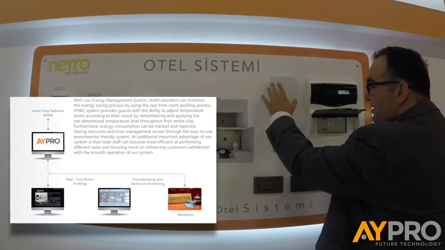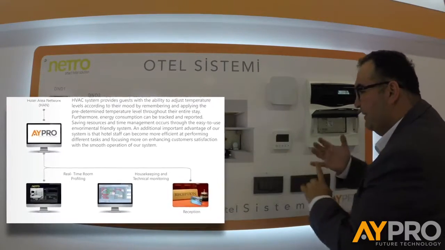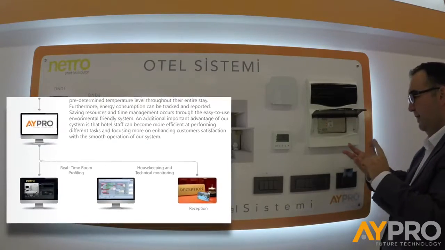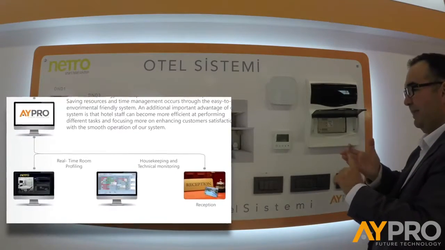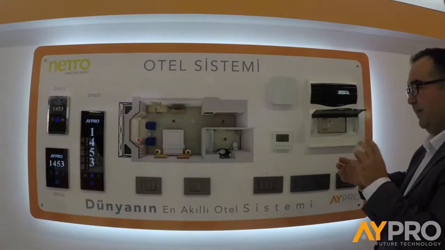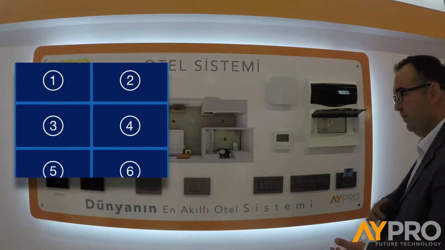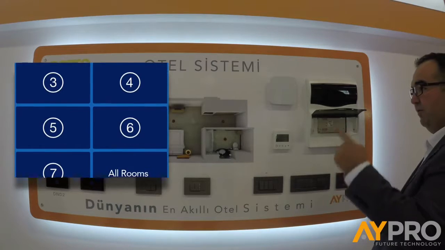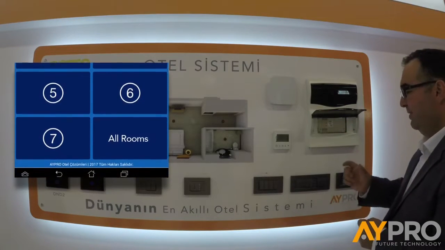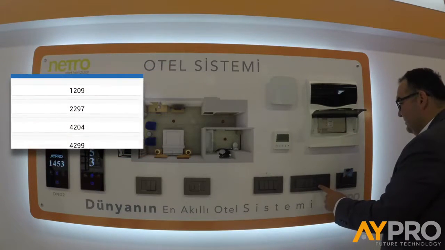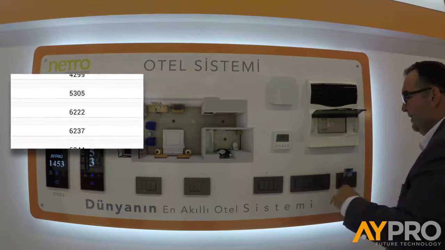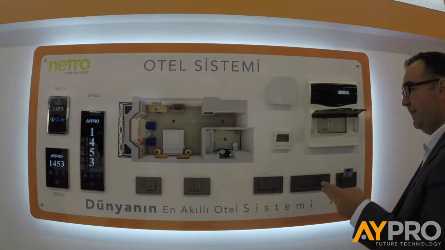From the hotel network, this information goes to the reception, the guest relations, and the technical department. And we also have some typical applications for iOS and Android versions, which I will show you here. When the guest presses make up my room, the maid can see this information in 2 seconds.